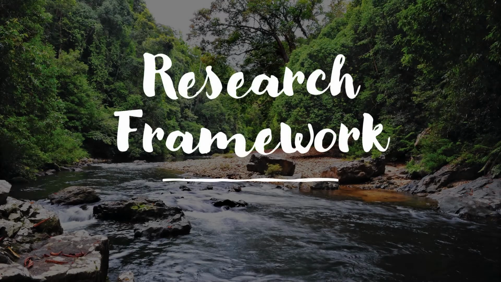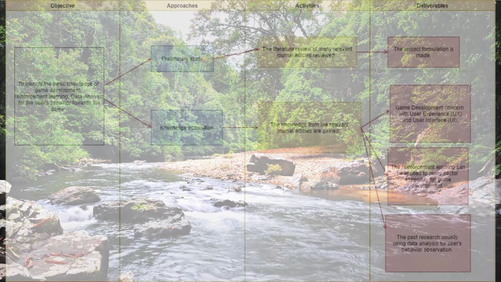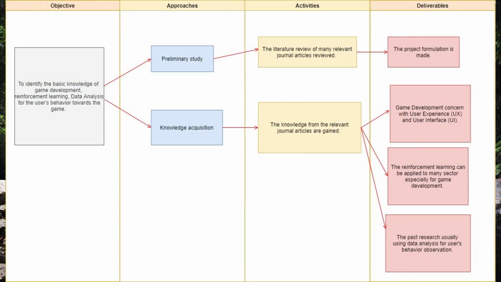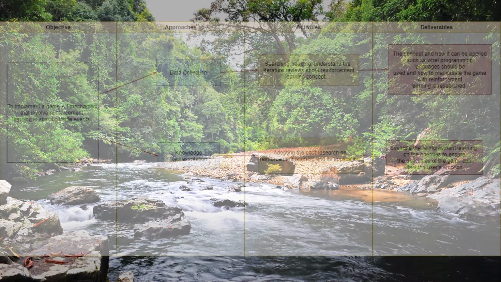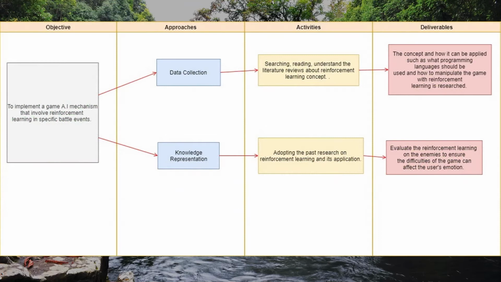As for the research framework, every objective has its own approaches. For my first objective, there are 2 approaches, which are preliminary study and knowledge acquisition. For the next objective, its approaches are data collection and knowledge representations.